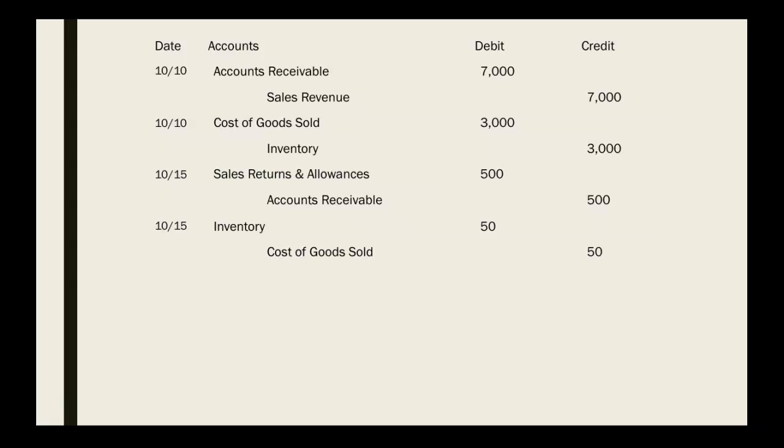So if we compare the past two journal entries to the two that happened on October 10th, you can notice that it's almost an easy flip of accounts. The only difference is instead of sales revenue, we use sales returns and allowances, which again is a contra revenue account.